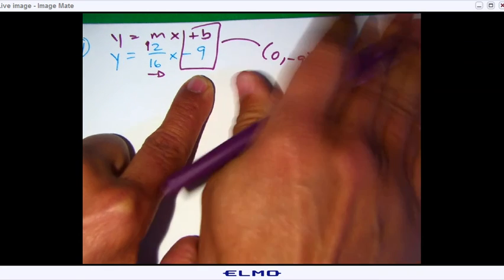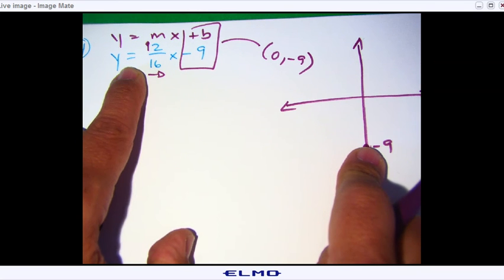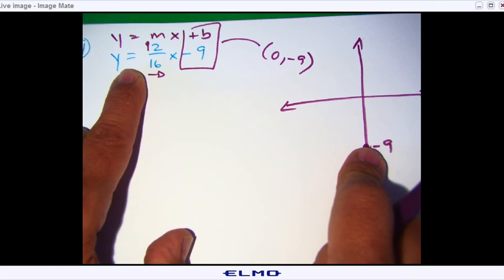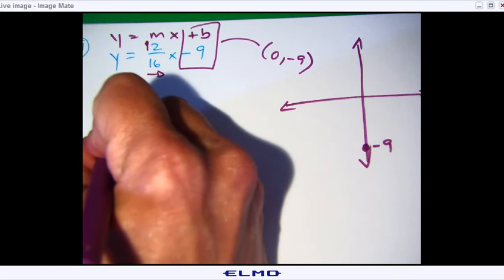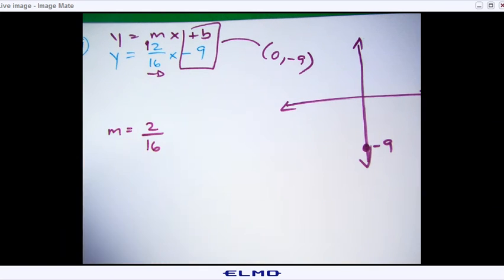All right, don't draw this on your notebook. This should be on your graph, okay? Now, 2 over 16, can't graph that, okay? So I'm going to go ahead and simplify it. 2 over 16, not 2 over 6. I said 2 over 16. All right, so now can we simplify?